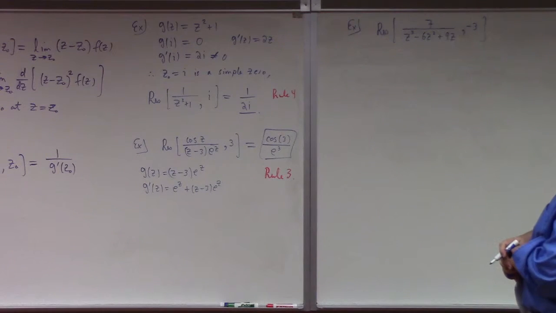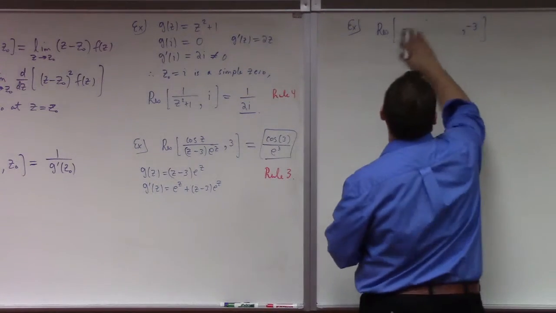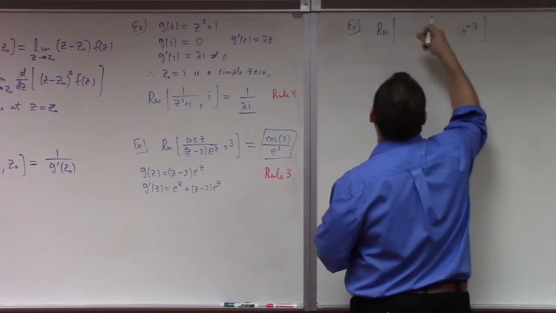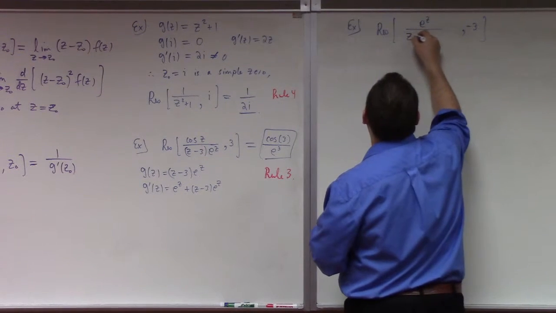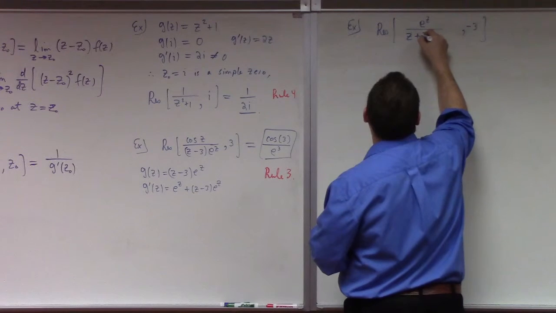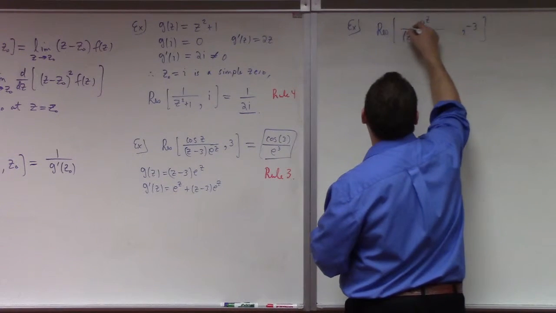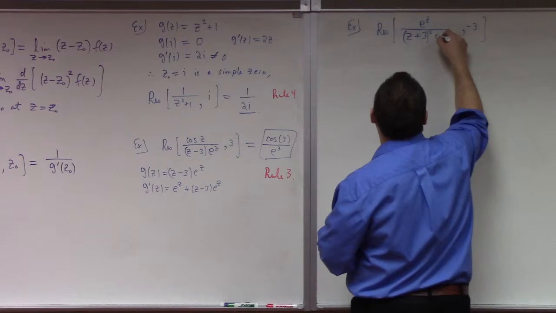Even so, let me make it more blatant. Suppose you have something like e to the z divided by (z plus 3) squared times the cosine of z.